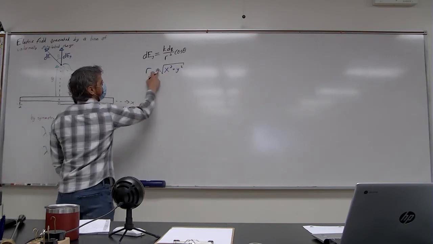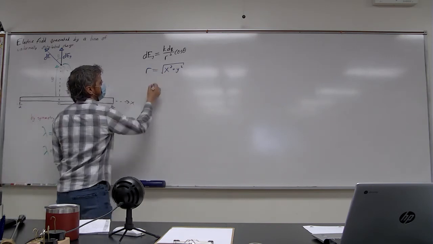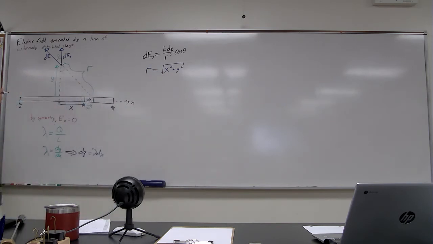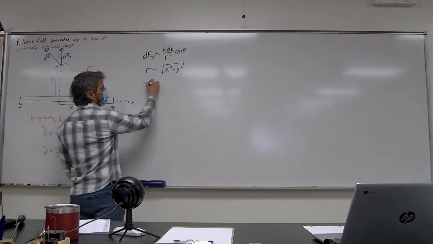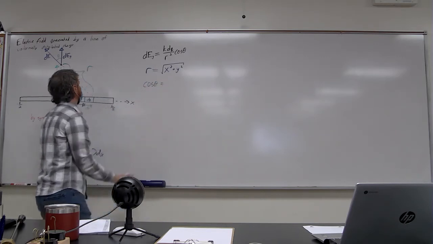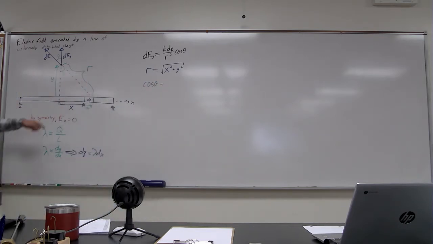I'm not sure, Mr. Grant. Yeah. It's pretty advanced stuff, but eventually you'll get there. So there, I can write r in terms of x. That's good. And then y is a constant, right? y doesn't vary as I integrate across the rod. And then with that, I can take cosine theta. Well, what's cosine theta? I got these vertical angles here.